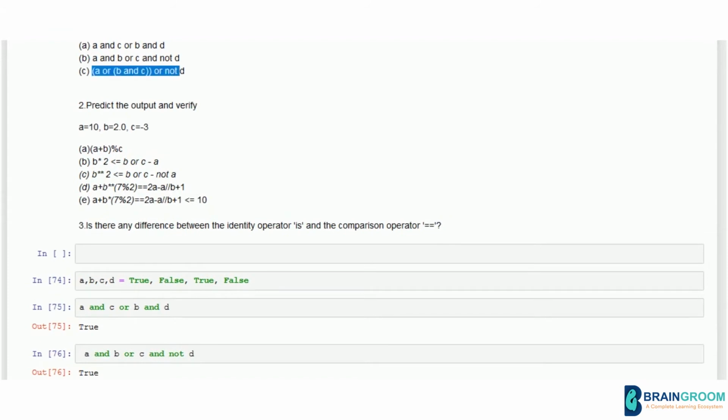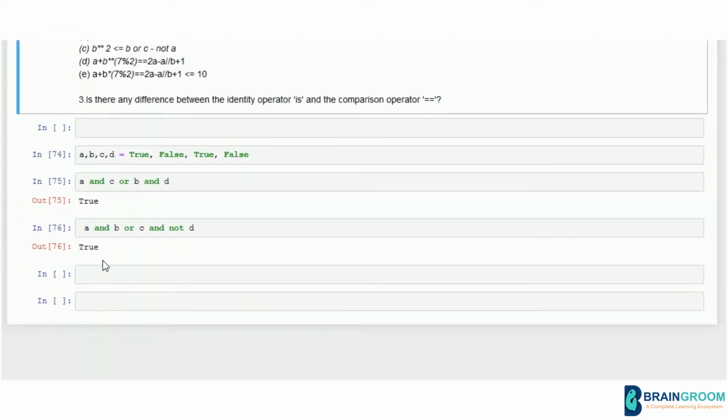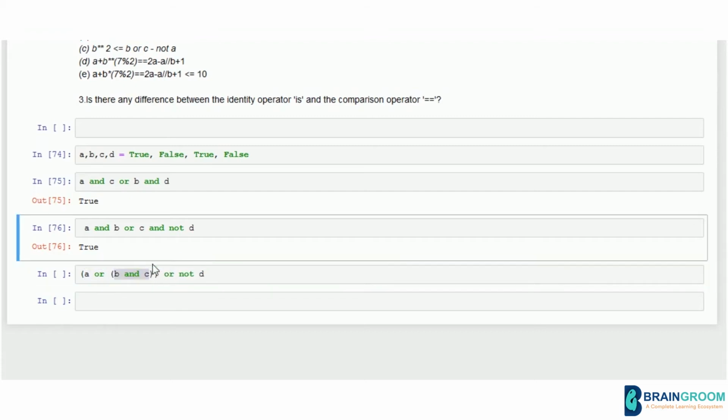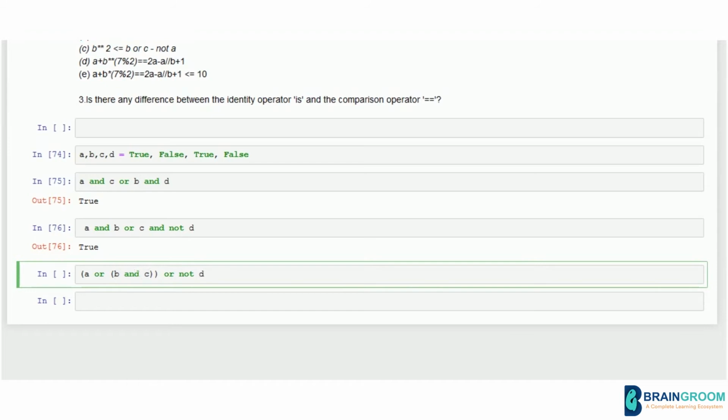And the third case, here we have brackets. So first brackets are executed. B and C, that is False and True, so this is False, right? So this bracket has finished executing. Now we have another bracket. When we have multiple brackets, the innermost gets executed first, and after that it goes from inside out.